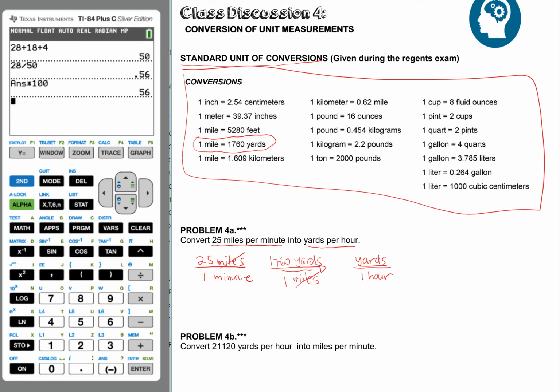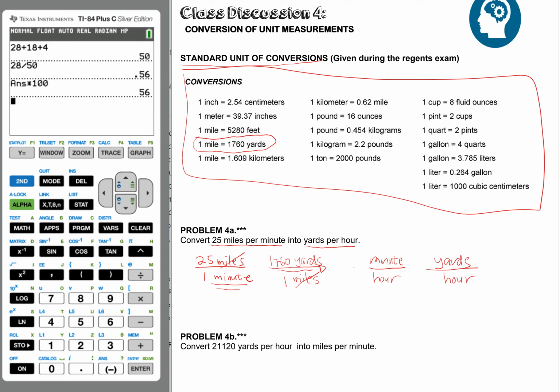So your goal is yards per hour. So that you'll be able to cancel minutes, make sure that you put minute on top and hour on the bottom, since there is a standard equivalent between minutes and hours.